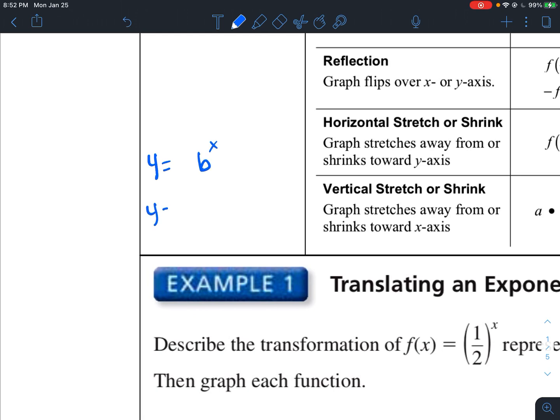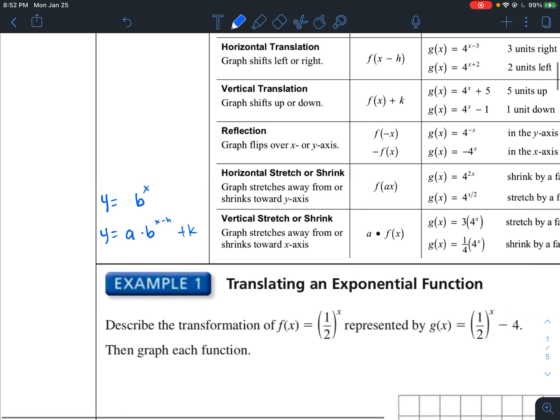Transformations look like y is equal to a times b to the x power. You can do plus or minus h and then plus or minus k, I guess you could say. But if we just want to save time, we can just say x minus h plus k. So these are the transformations that we're going to be talking about today. But this is the parent function.